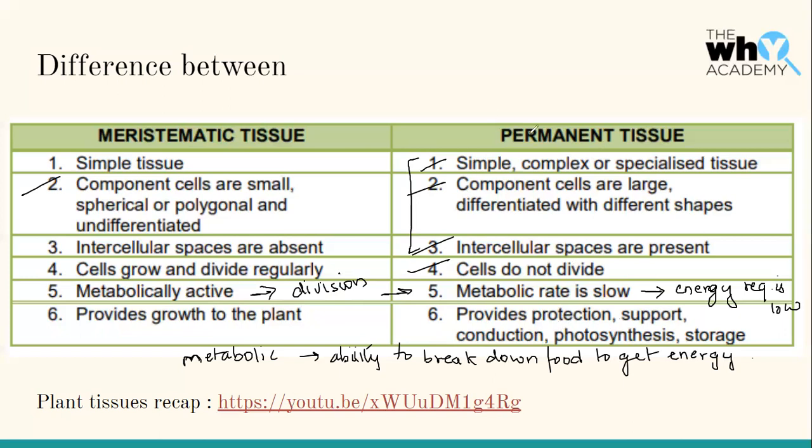So you can write the functions of all the three permanent tissues you know of: the simple, the protective, and the complex. The simple ones would provide storage and maybe support. Protection would be offered by the protective ones, and conduction would be by the conducting tissues, or the complex tissues. They've clubbed all three functions in one point.